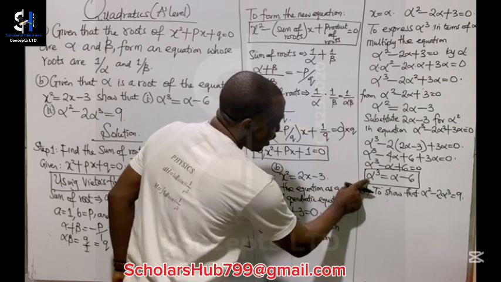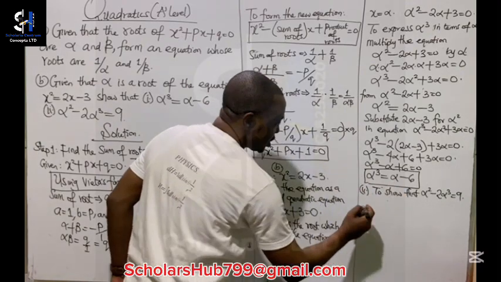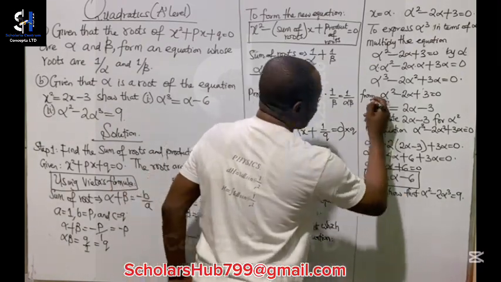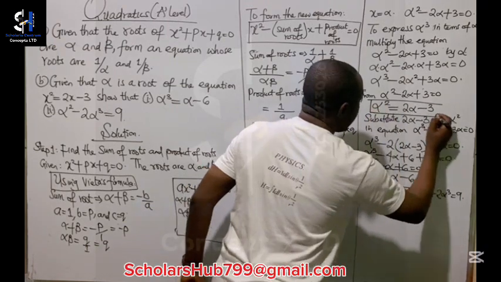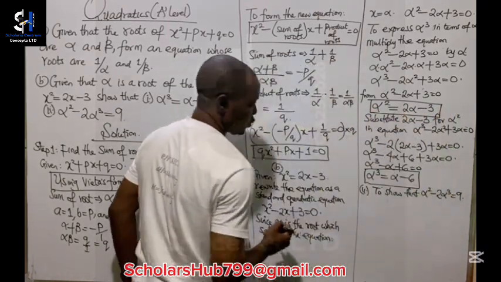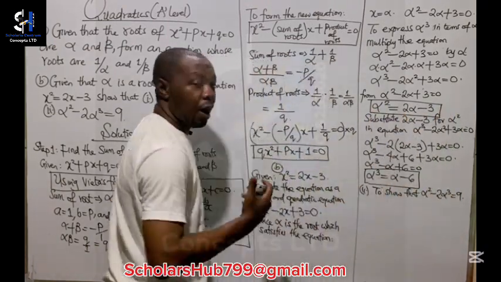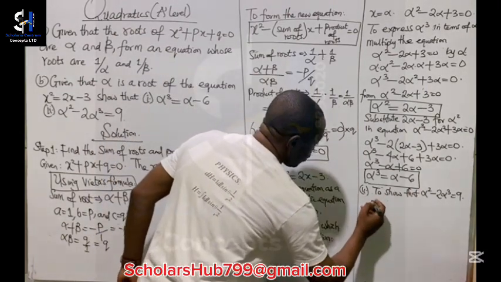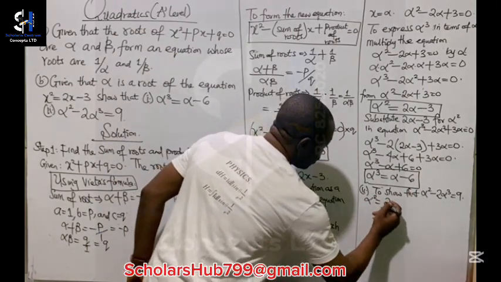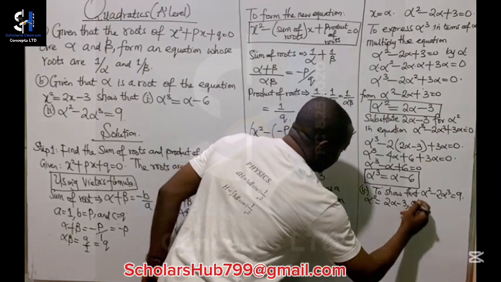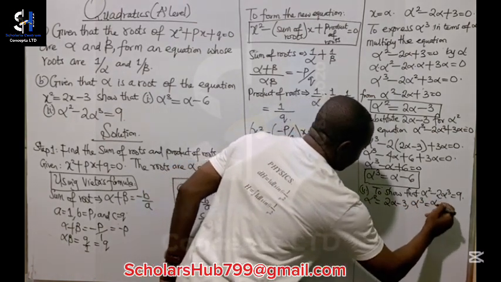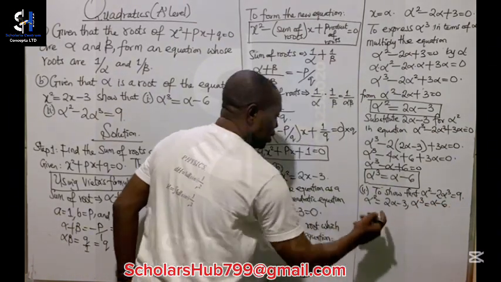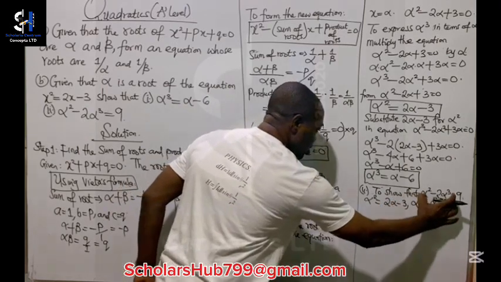We know that alpha cubed is alpha minus 6, and alpha squared is 2 alpha minus 3. So we are going to substitute for alpha squared and alpha cubed.